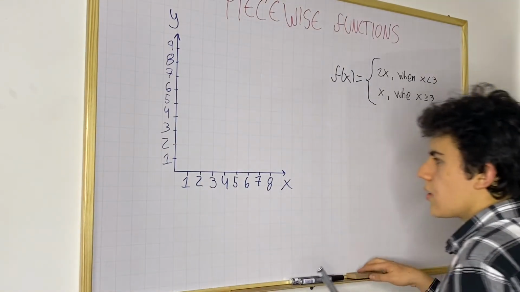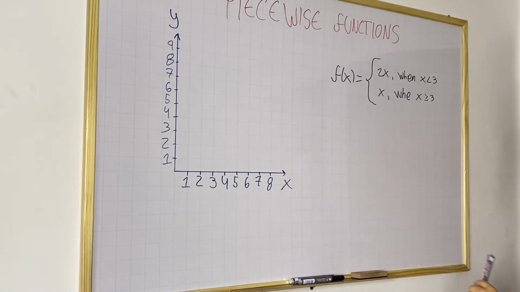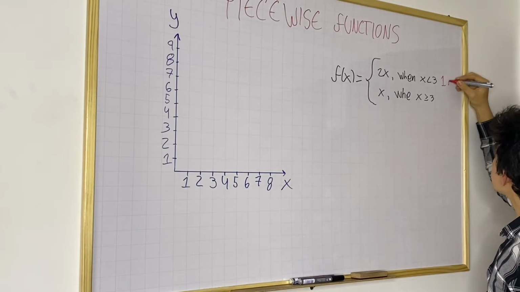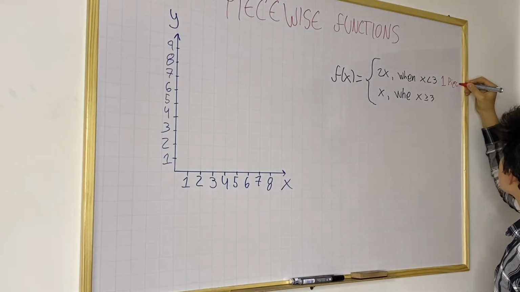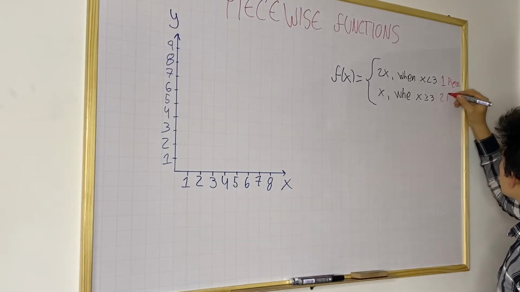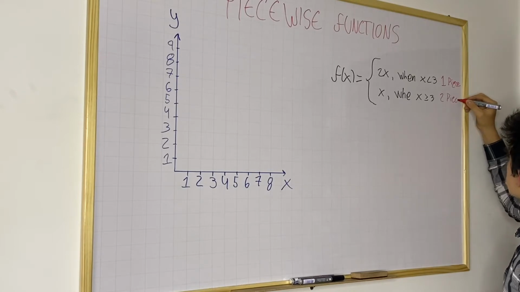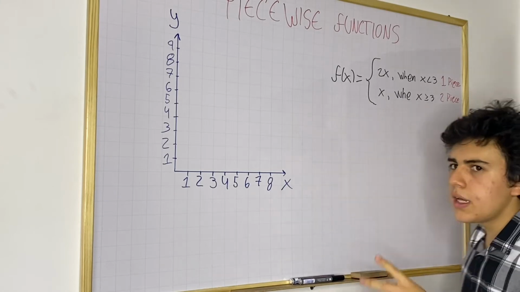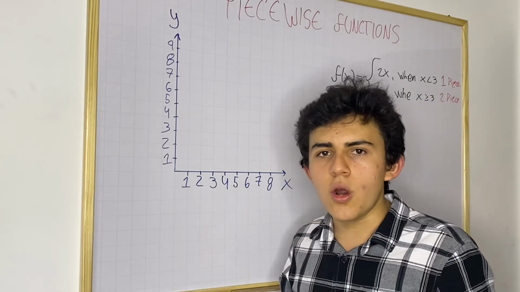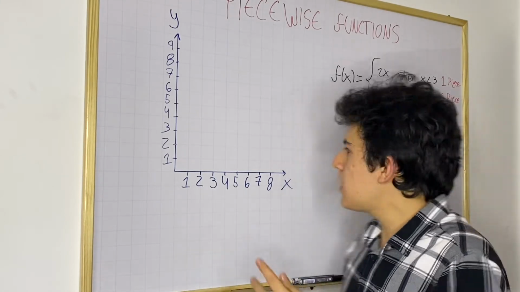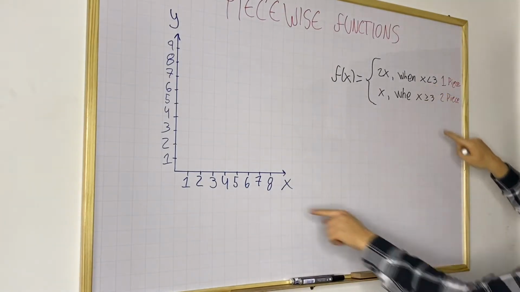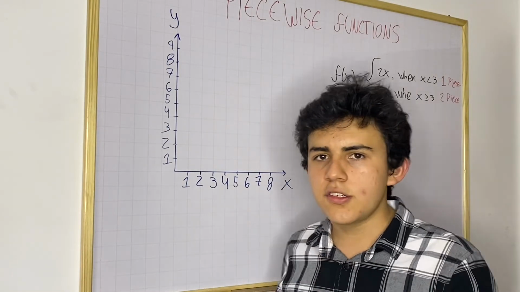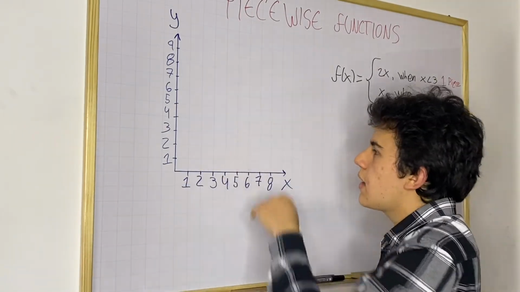Now I want to show you something. Let's graph our pieces. So let's say this is piece number 1, our first piece, and this is our second piece. Once again, our pieces will get into action when we satisfy certain conditions on the x values. So, for example, when x is smaller than 3, let's just see the positive quadrant.